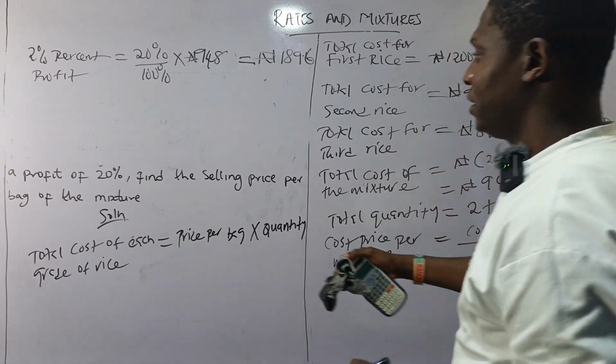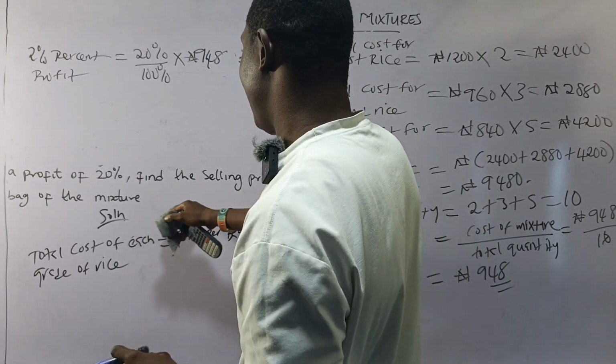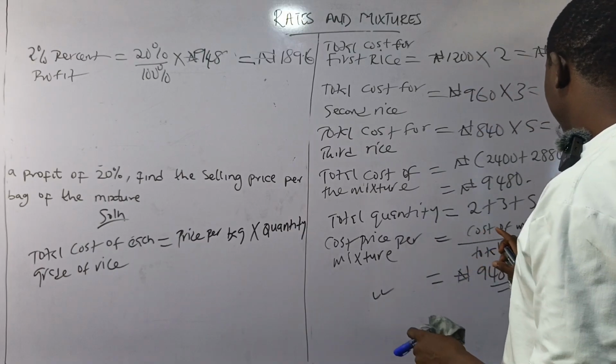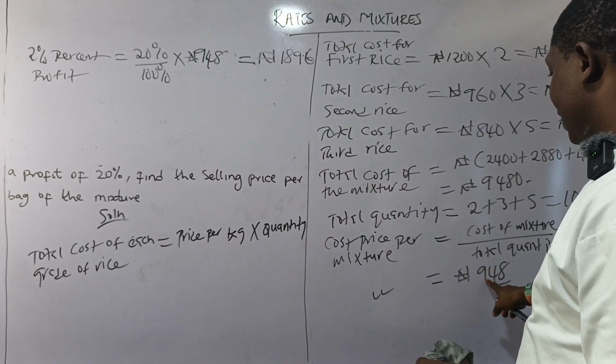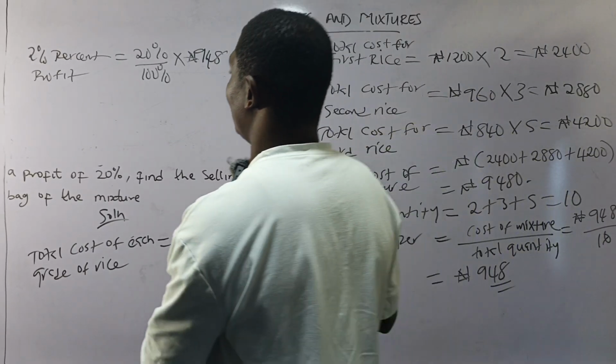Now to get our selling price per bag of the rice, it will be this amount here plus what we've gotten.